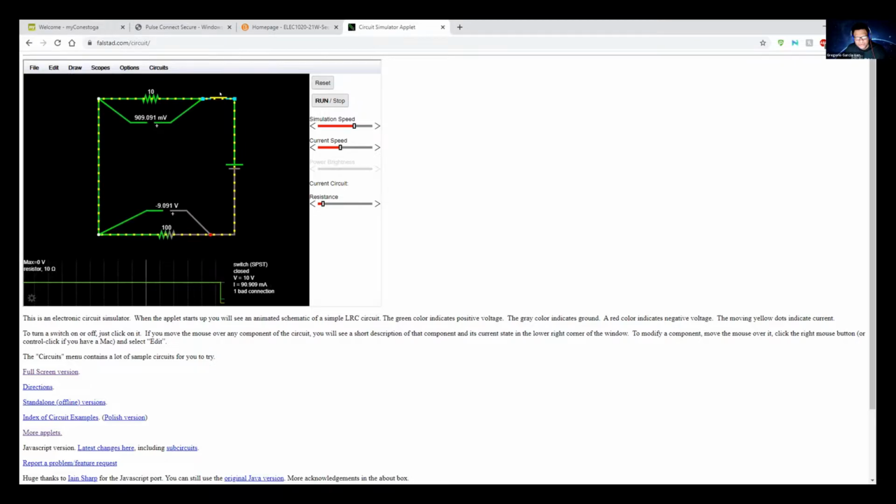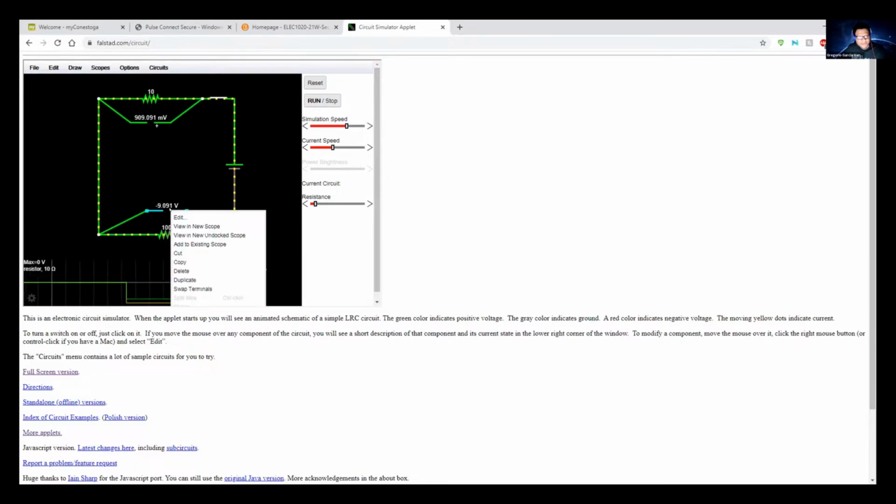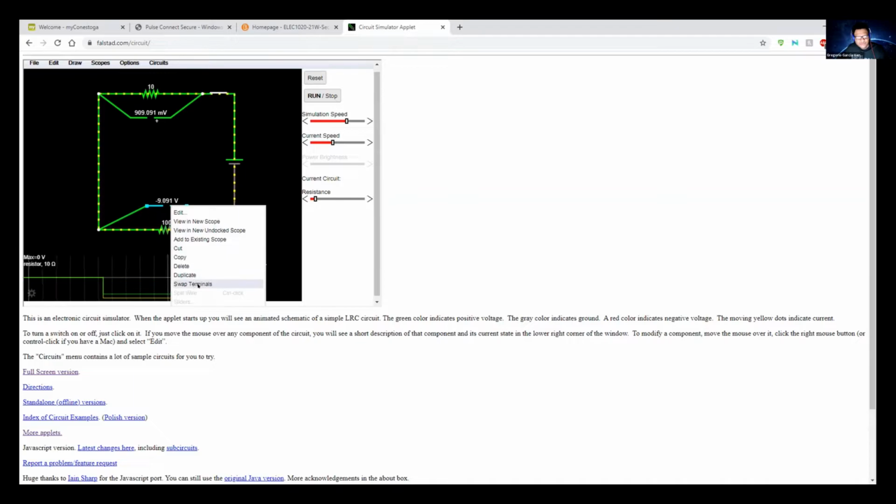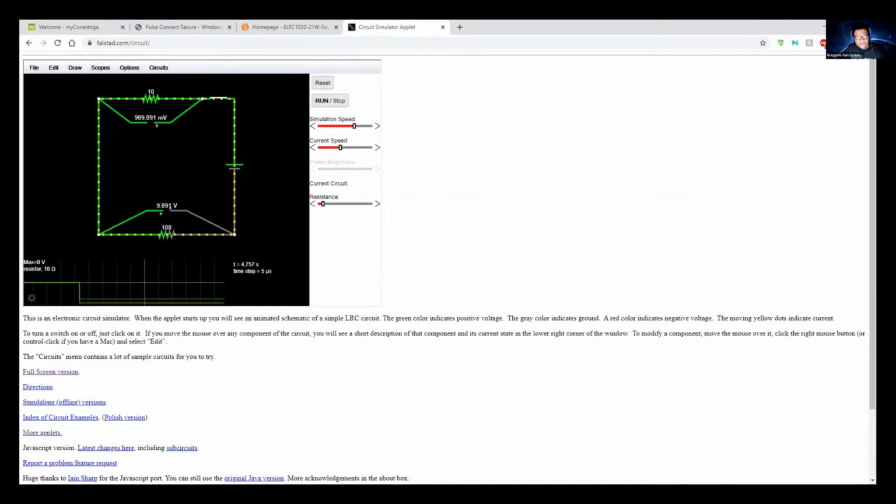And when you run the simulation, oh, I'm surprised, it's reading it. Usually it doesn't read it. Maybe they updated the software. But I'm just going to swap the terminals so I can see this as a positive voltage.